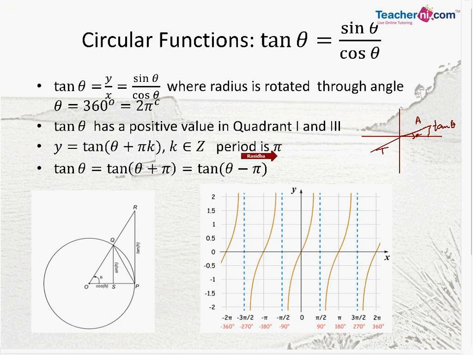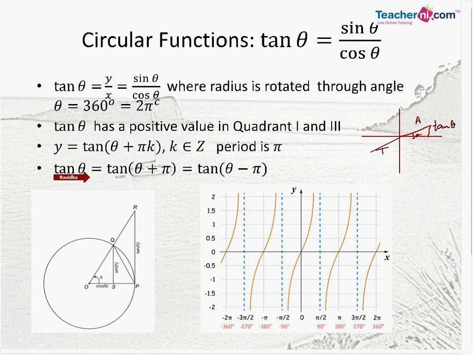So tan of theta plus k pi, where k is any integer, will have the same value. That is, tan theta, tan of theta plus pi and tan of theta minus pi will be the same.